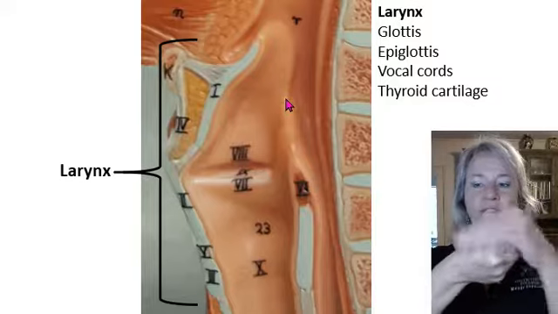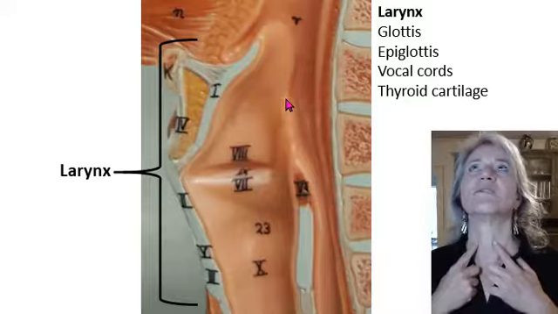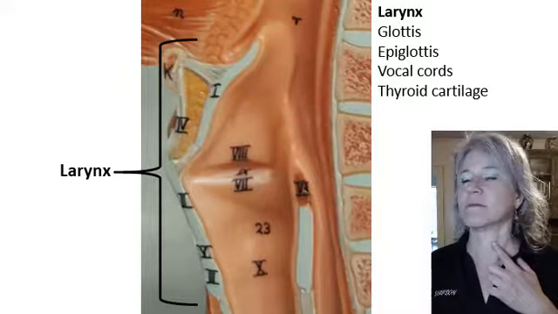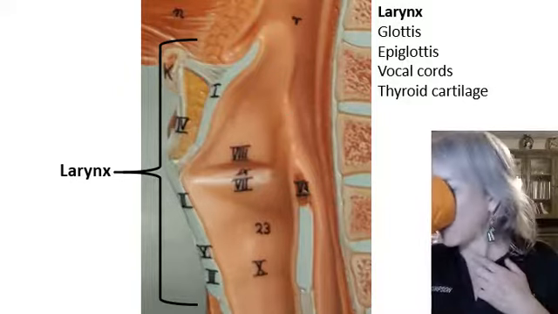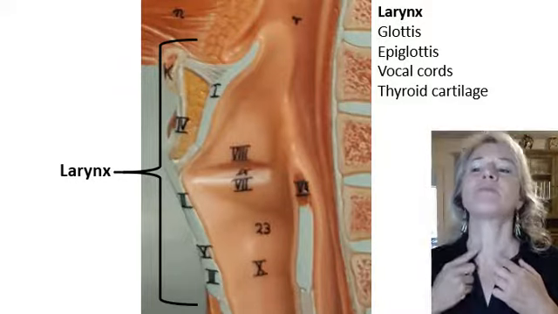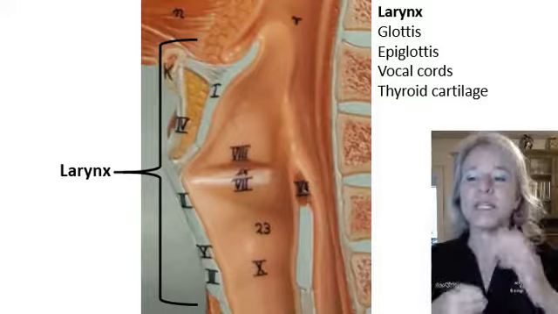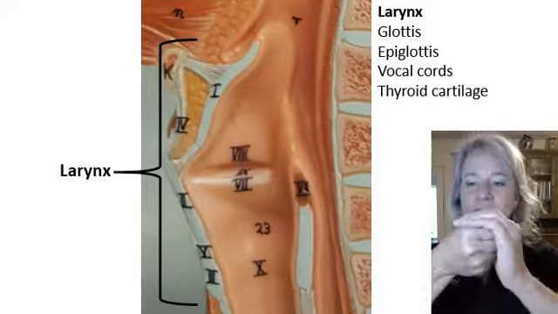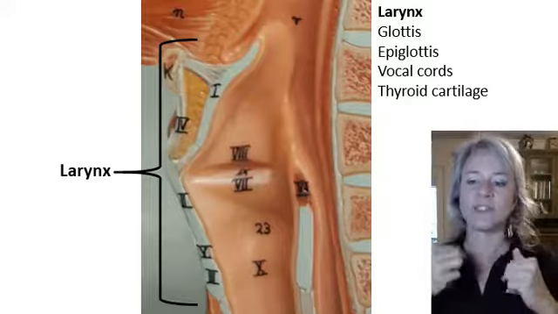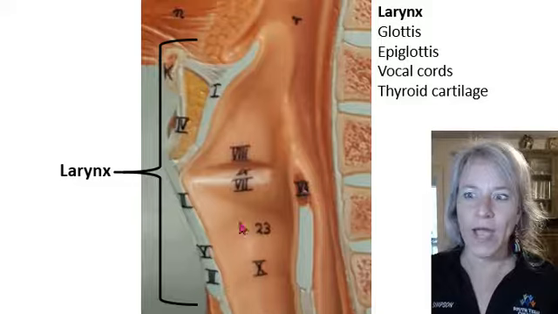It doesn't do this. It goes like this. So let me watch my larynx when I swallow. Do you see that whole thing move? It goes up. So the larynx moves up and the epiglottis closes. That's when you swallow, so that the coffee doesn't go down the wrong way.